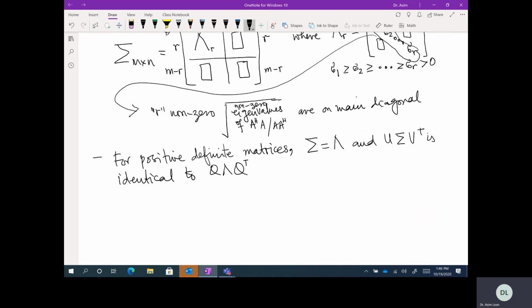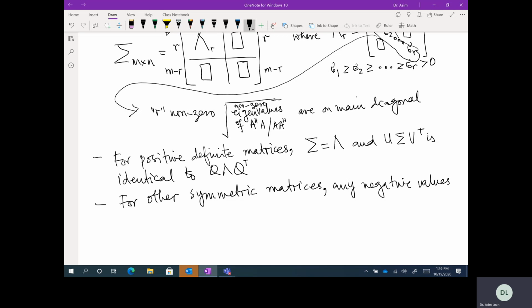For other symmetric matrices, obviously we can have negative definite and negative semi-definite matrices too.